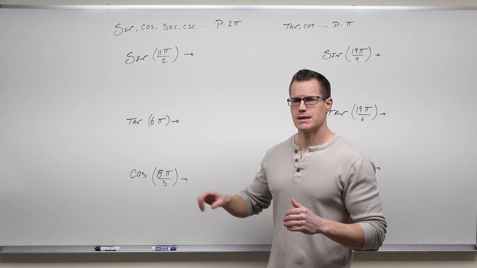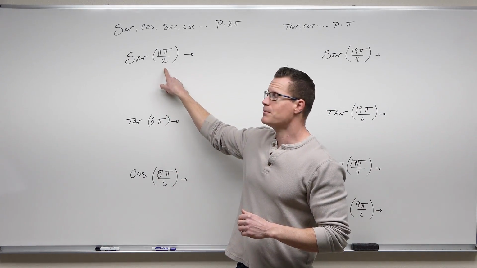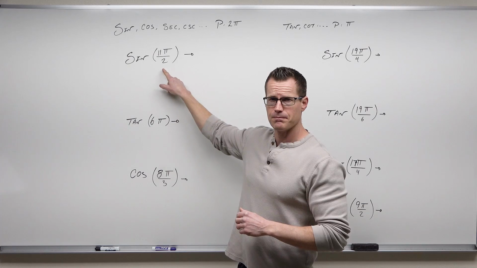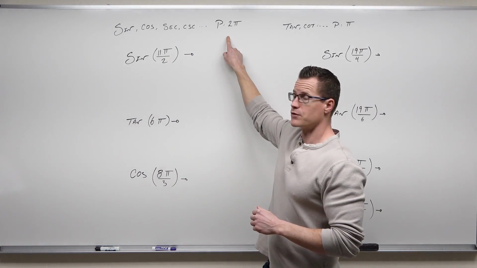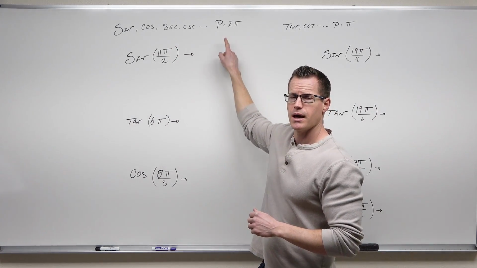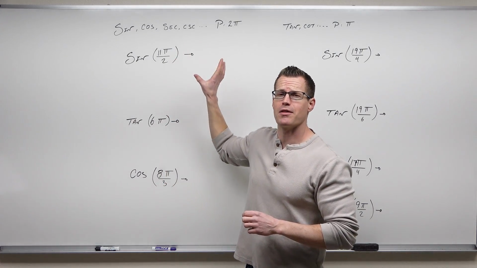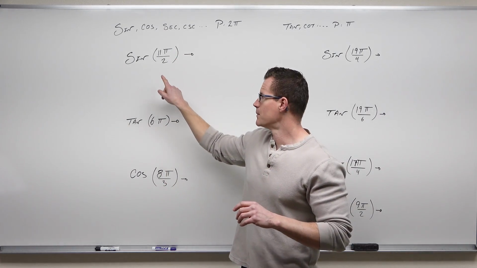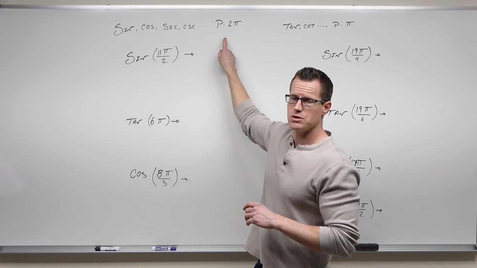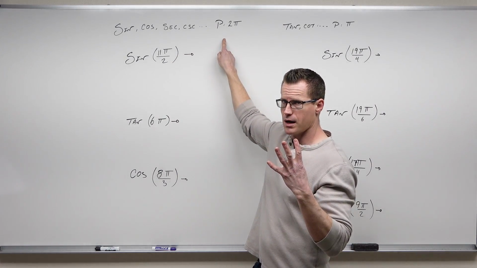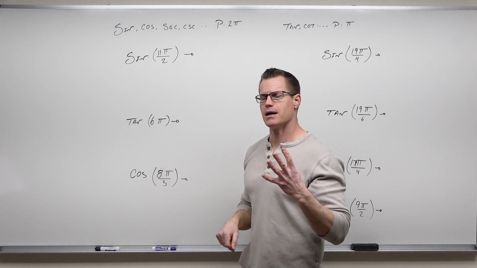What I do is I take my denominator, I multiply it by the period for sine in this case, which is 2 pi, and then I look for the remainder of my numerator divided by that thing. So here's what I'm going to do. I'm going to take a look at 2 times 2 pi. Now that's 4 pi. I'm going to take 11 pi and divide it by 4 pi.